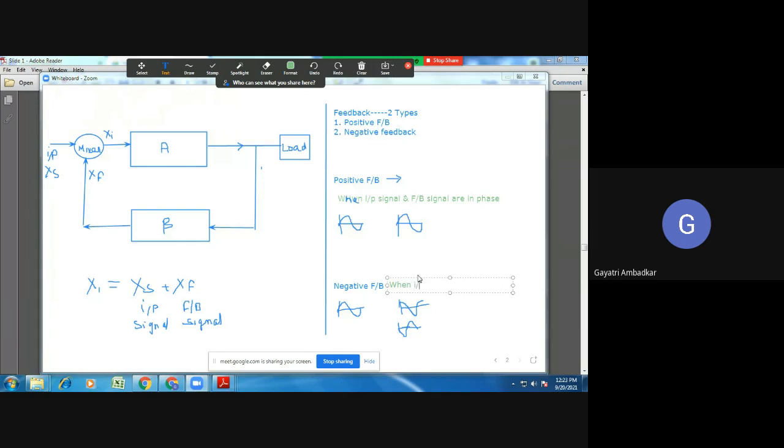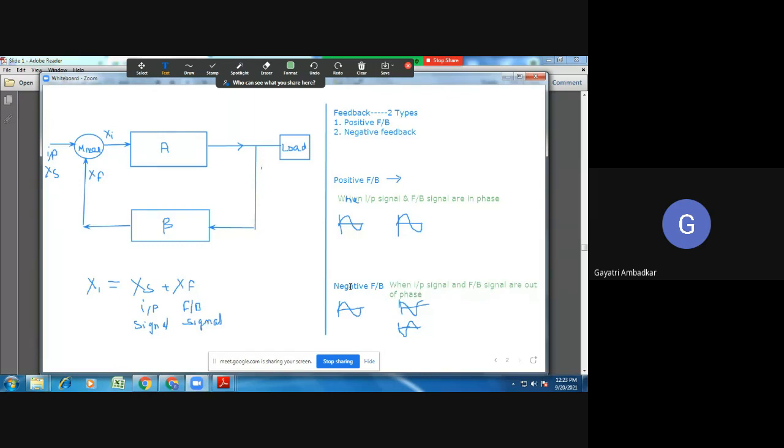When the input, that is Xs, and the feedback signal are out of phase, then that feedback is called negative feedback. Understood this? Is it clear? What is negative feedback and what is positive feedback?